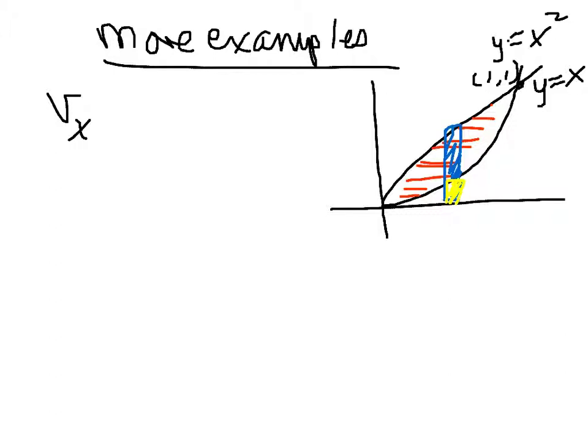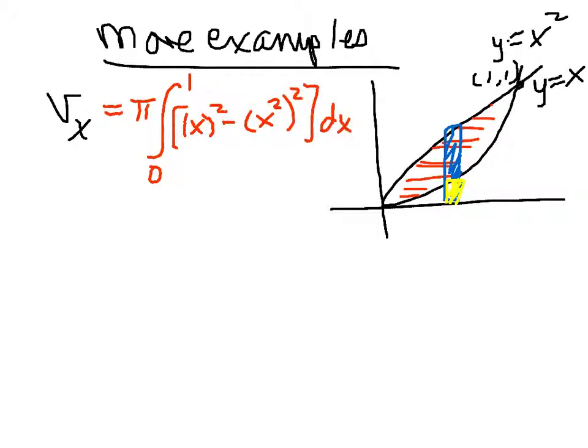And so, if I can write this out, it's going to be pi, because we're using the disk method, times the integral from 0 to 1 of the top function, which is x squared, minus the bottom function, which is x squared dx.